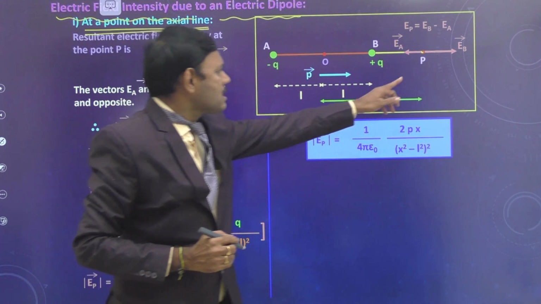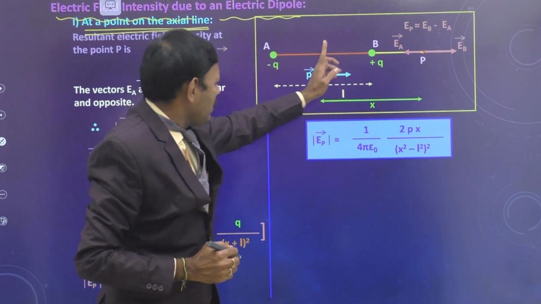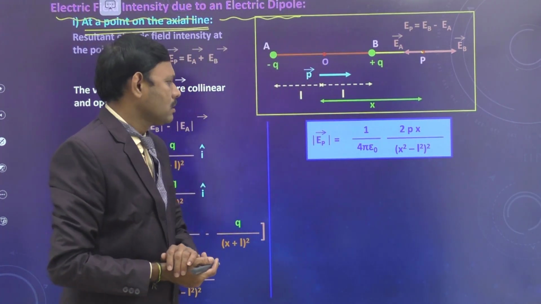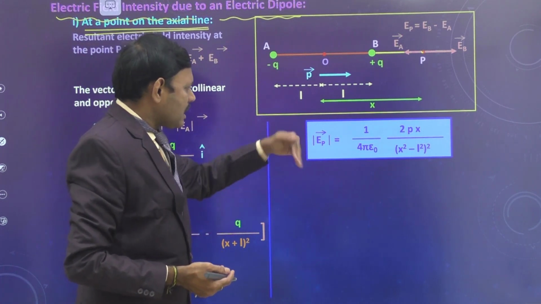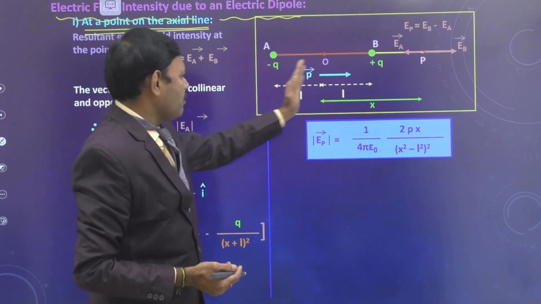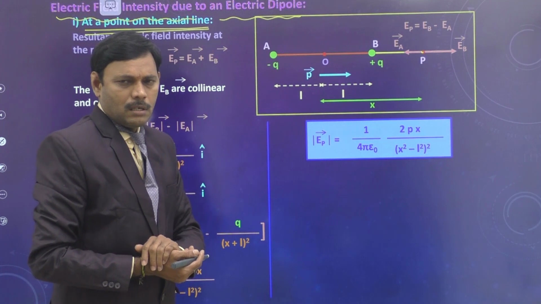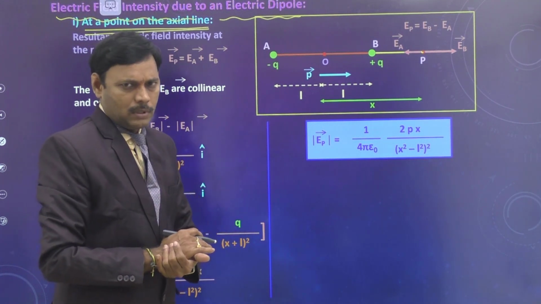Here x is the distance of the arbitrary point P from the center of the dipole, p is the dipole moment directed from negative to positive charge, and 2L is the length of the dipole.